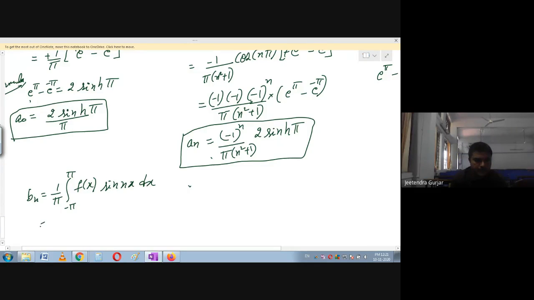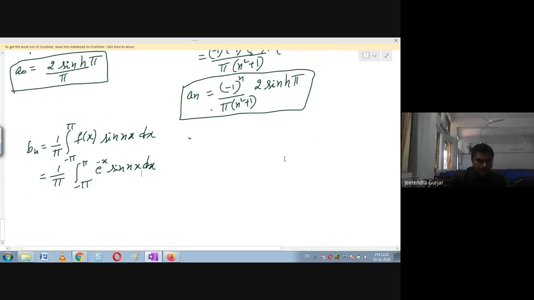Okay, this is equal to 1 upon pi integration minus pi to pi. f of x is nothing but e raised to minus x, this is sine nx dx. Now please remember the formula, students. Very very important formula it is.